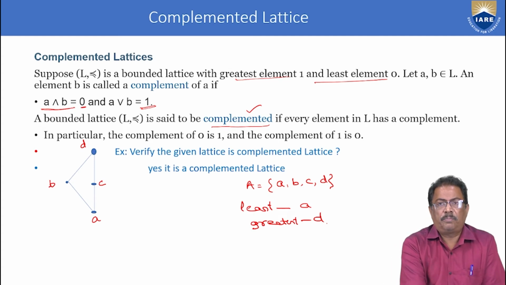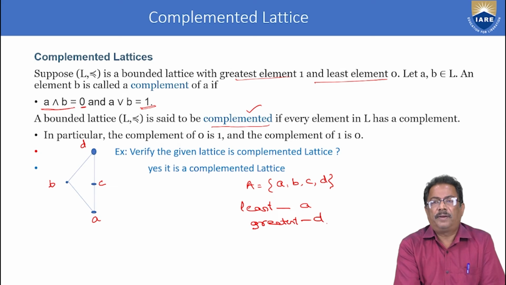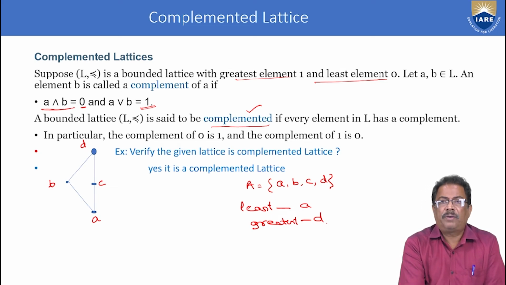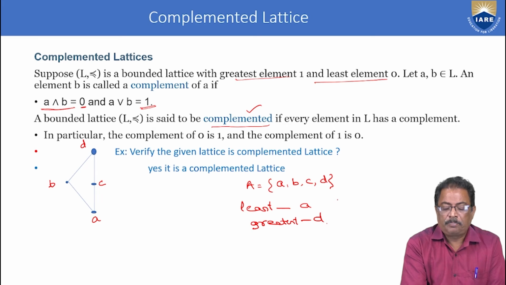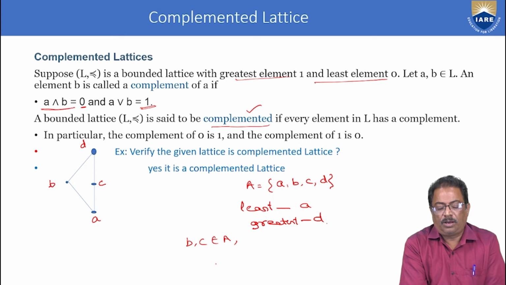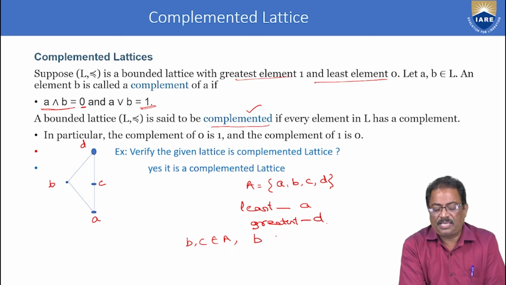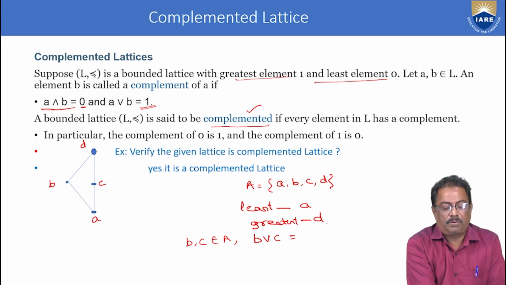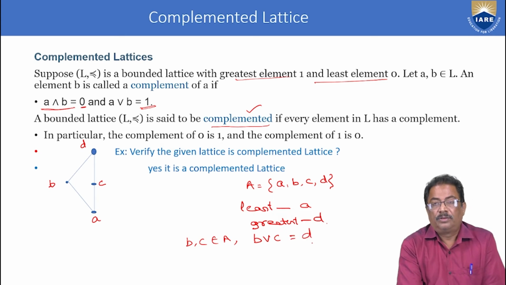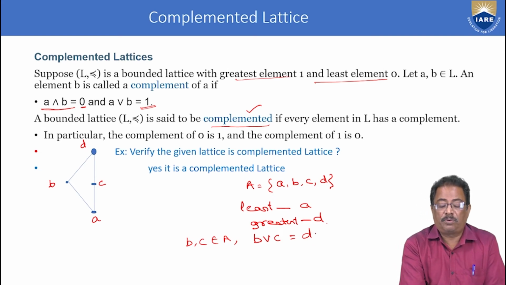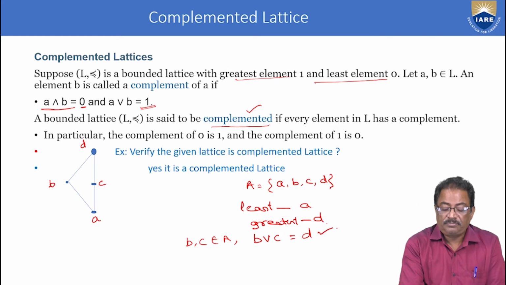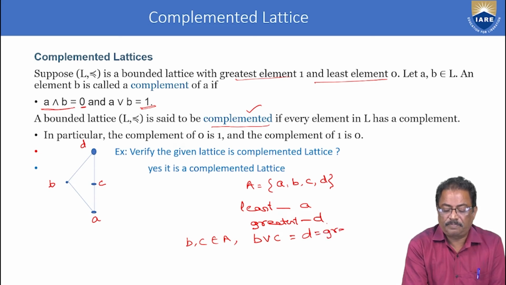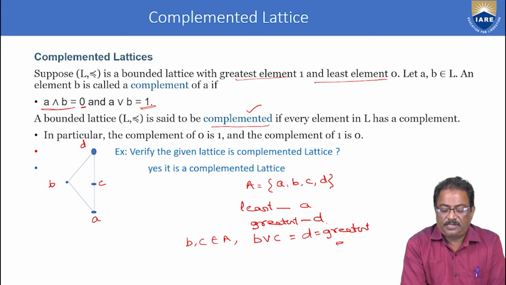Now a bounded lattice is said to be a complemented lattice if, for any pair, let us say B, C belongs to A, the least upper bound of B, C is considered. The upper bound of B, C is D only. Only one upper bound, so automatically the least upper bound is the greatest element.